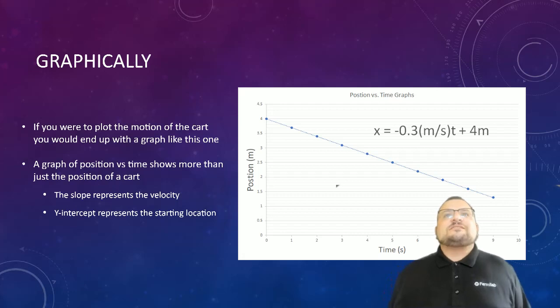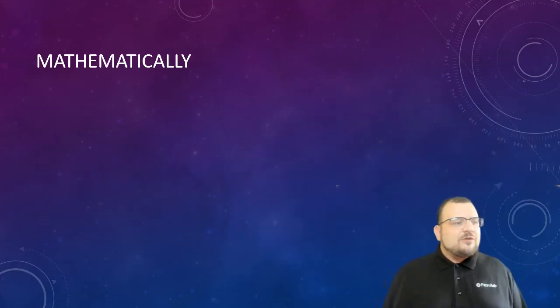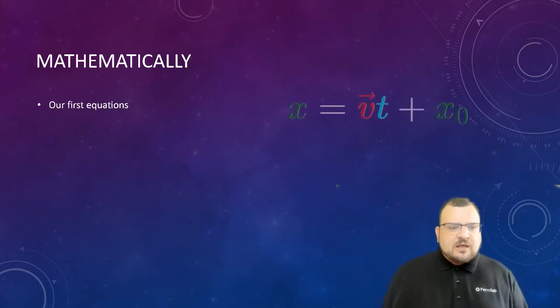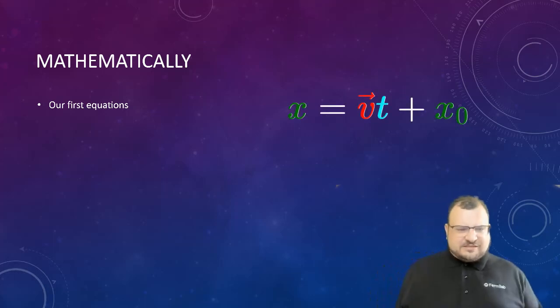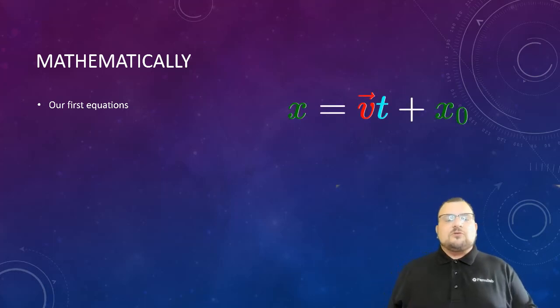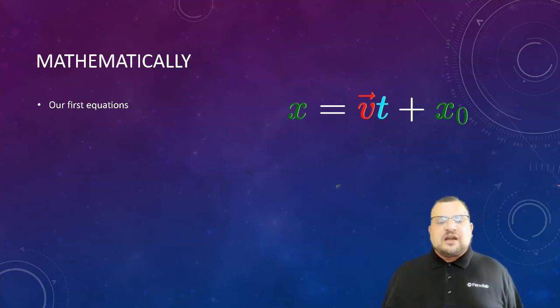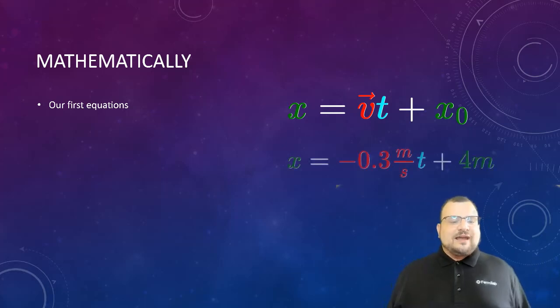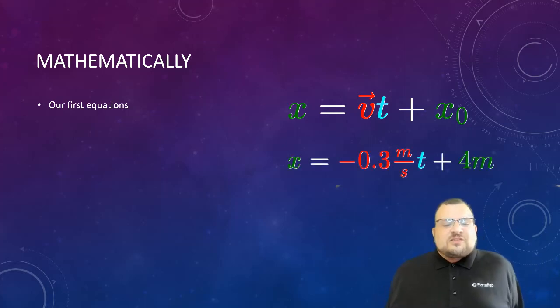And this translates quite nicely into the segue of we can represent this mathematically. And so we have our first equation. Position, in this case along the x-axis, equals velocity times time plus the initial starting position. And if I include the data that we had over on the previous slide, we could see that it fits quite nicely.